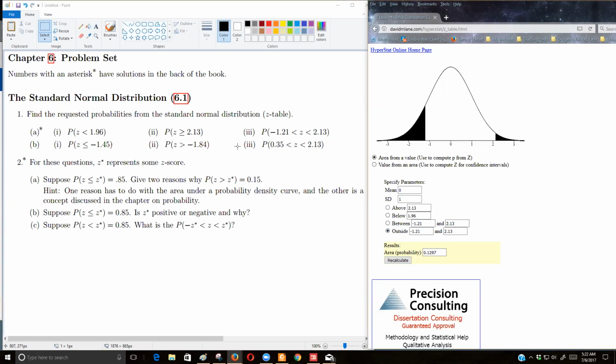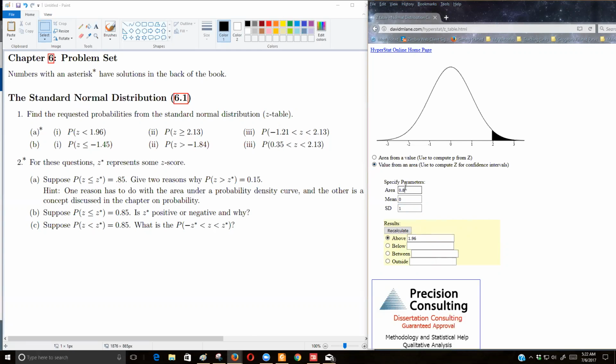Okay, so that's how you use this David Lane applet in order to calculate a probability from a value. And then for question number 2, it says, hey, we've got some z-score that has an area of less than or equal to 0.85. So what we're going to do with this applet, you're going to select value from an area, and the mean is still 0, the standard deviation is 1, and they're telling me, hey, you've got this area, what z-score cuts that area off?